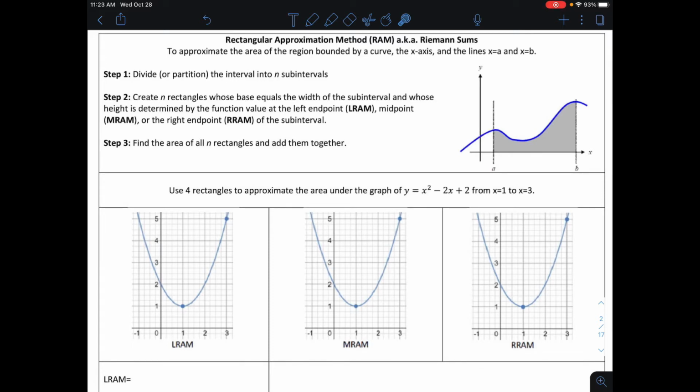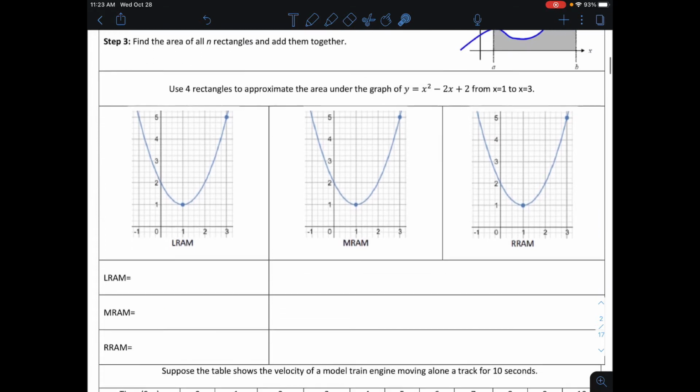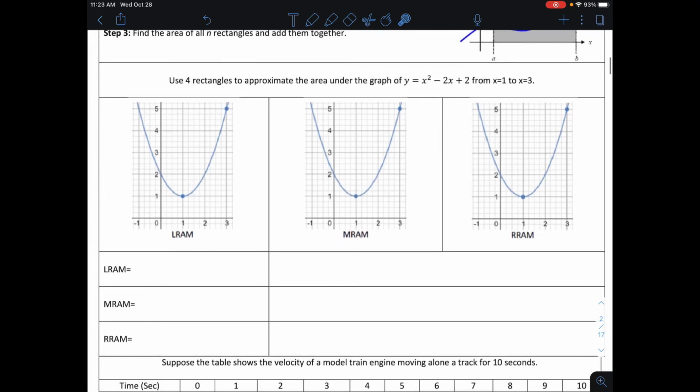Now, the type of rectangle we draw will depend on the kind of method we're going to use. For instance, I could use right rectangles, left side rectangles, or in fact, I can even use the midpoint. And we'll talk about how to do that with an example of each one right here below.